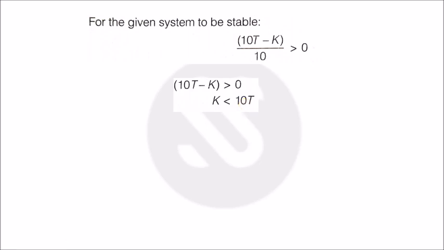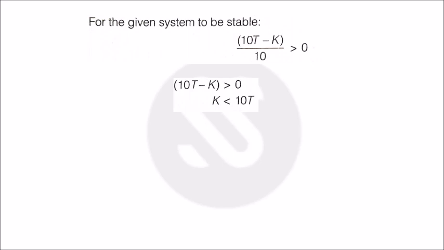Okay, so k is less than 10t, that means k must be less than 10 times the value of t. If the k value is more than or equal to 10 times t, let's say t is 1 and k is 10, then the system becomes unstable, because the equation says k less than 10t.